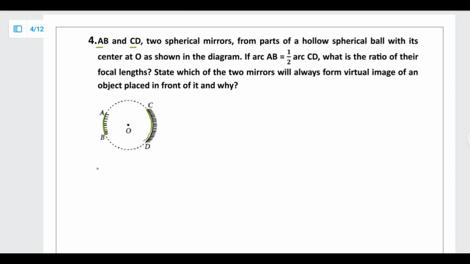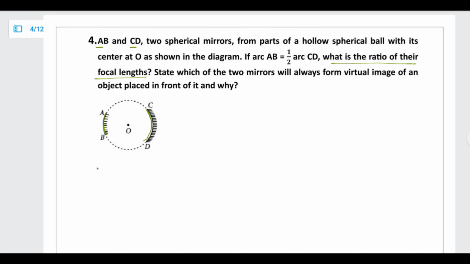If the arc length AB equals 1 by 2 of the arc length of CD, means AB is half of CD. What is the ratio of their focal lengths?